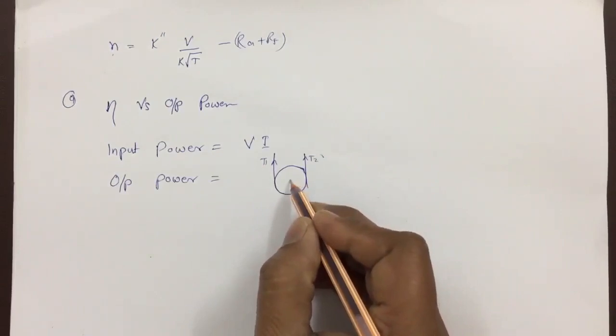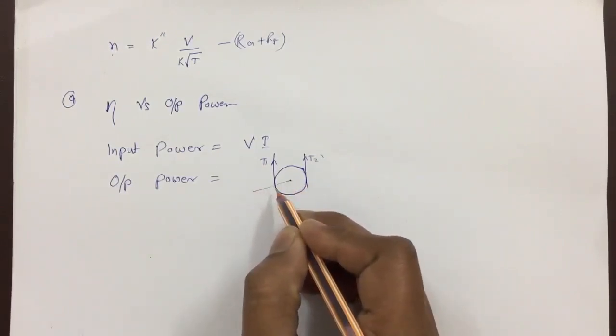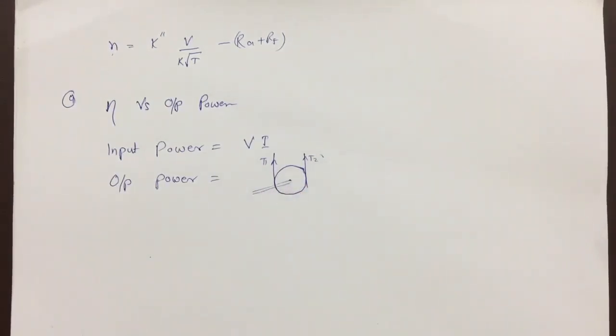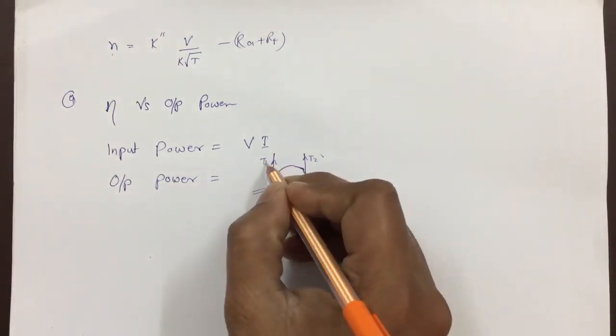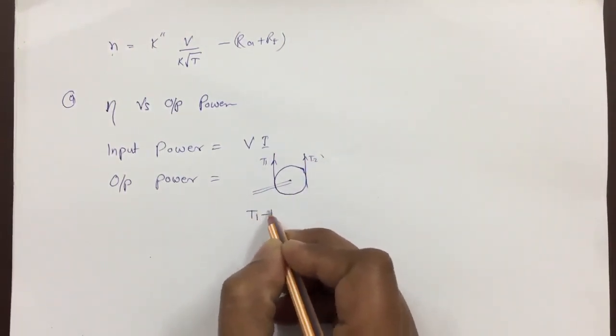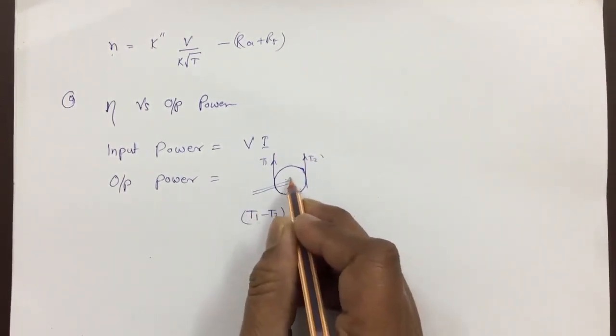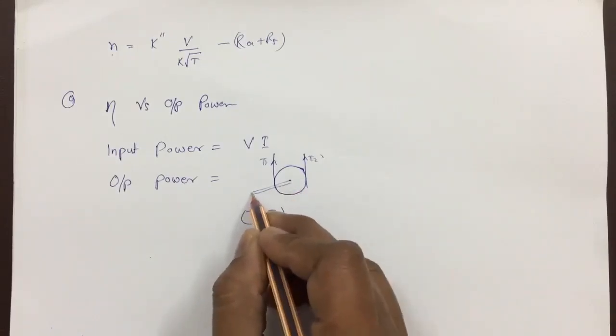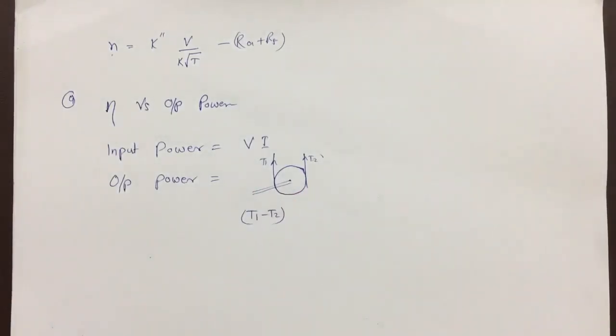This pulley is coupled to the motor. By changing T1 and T2, the difference between these two, we are changing the load at this and hence the load at the motor shaft.